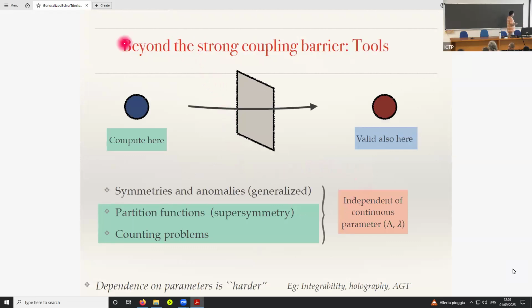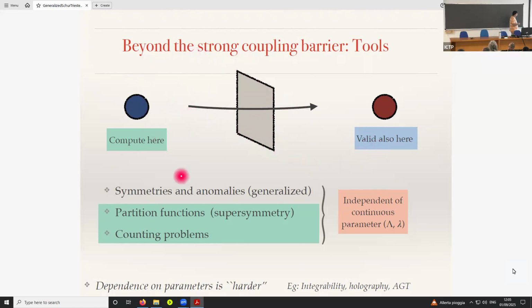So the idea is to devise some tools using which we can compute on the weakly coupled side of the wall something which will be invariant under the parameters which take us to strong coupling. For example, this can be couplings or renormalization group flow. So we compute something here, and it is still true here.